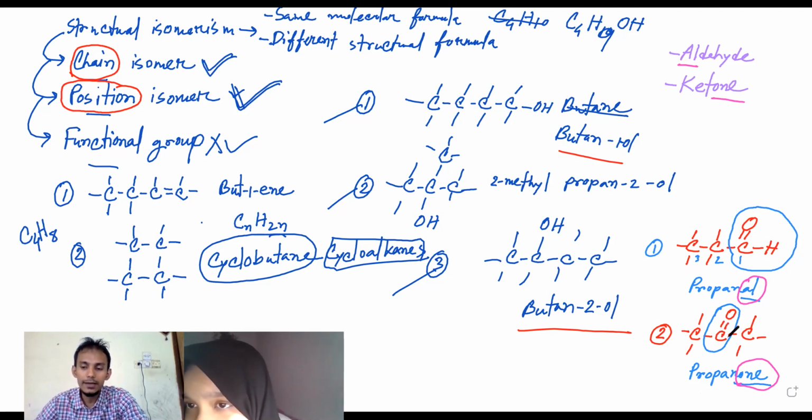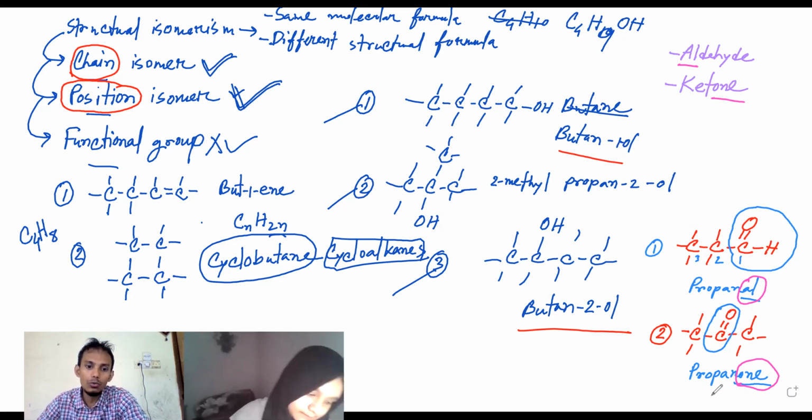So there need to be a minimum of three carbon atoms. That's why ethanone and methanone are never possible. It starts from propanone, then butanone. You can write butan-2-one, or butanone will be fine. Then pentanone, hexanone, heptanone, that's how it will go.